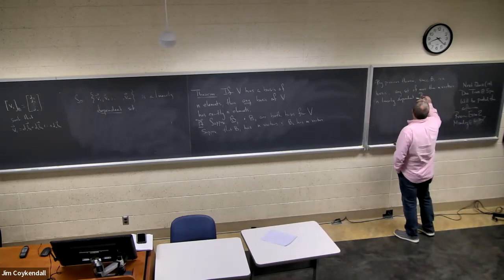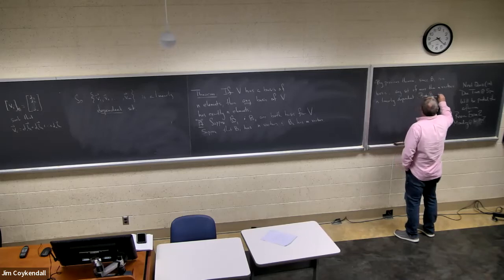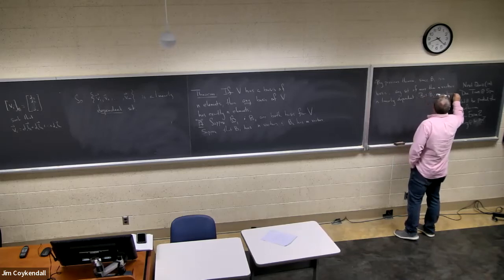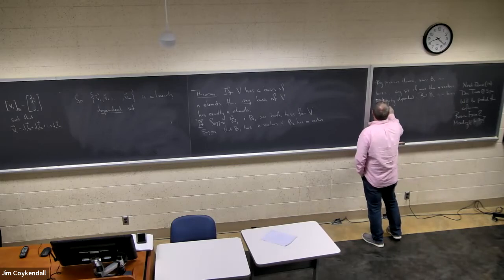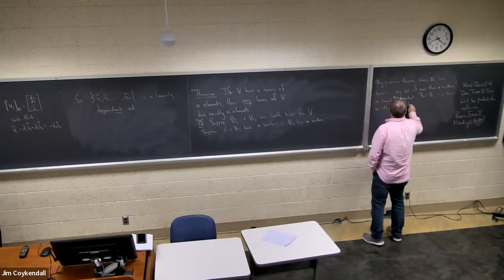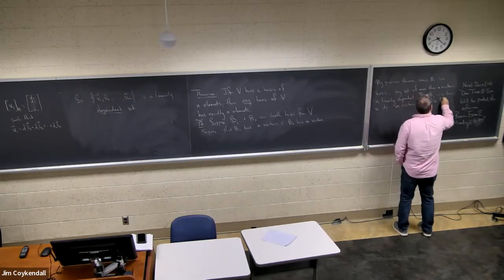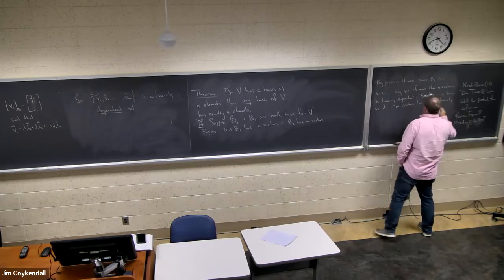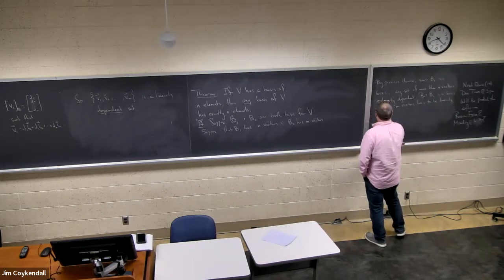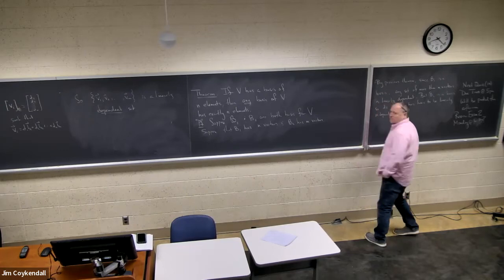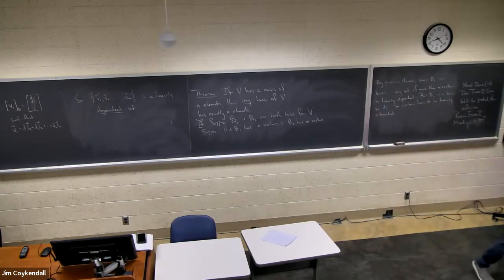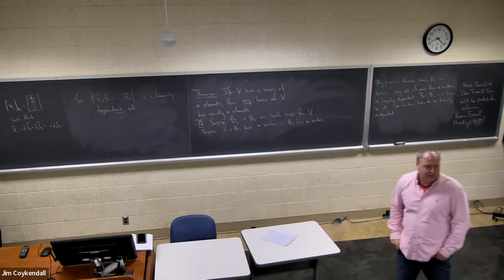B2 is a basis too, so its m vectors have to be linearly independent, because a basis has to be a linearly independent set.